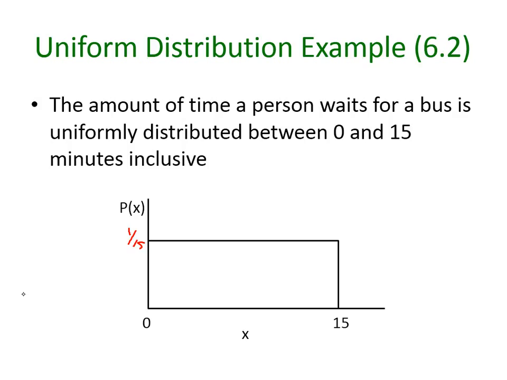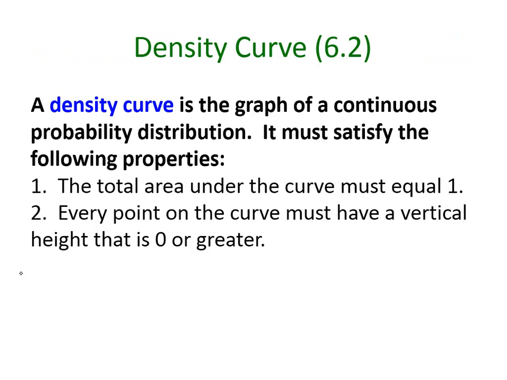Then if we're talking about the total area under the density curve, it has to be 1, and the probability is going to happen.